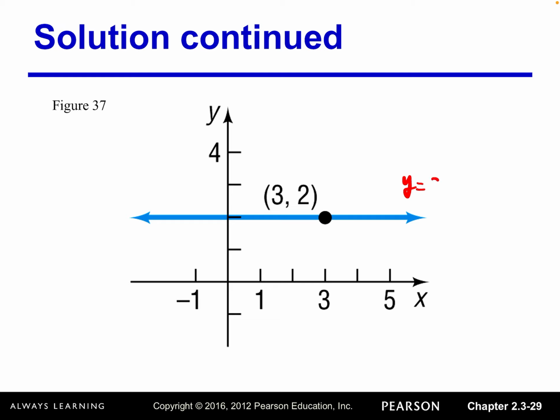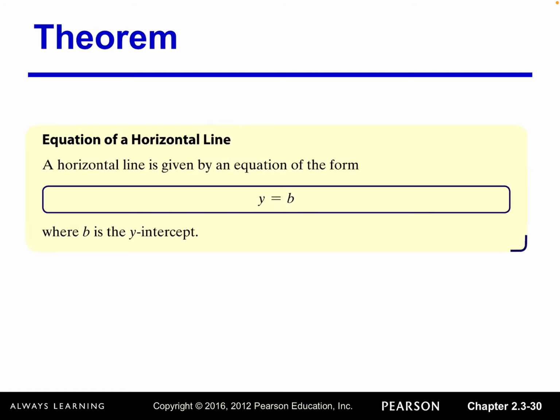The line equation is y equals 2. So for the horizontal line equation, you can memorize this as a theorem: y equals a constant. This constant is the y-intercept.